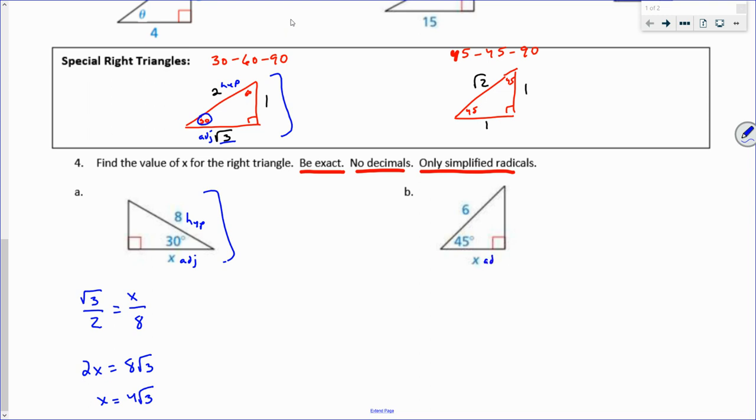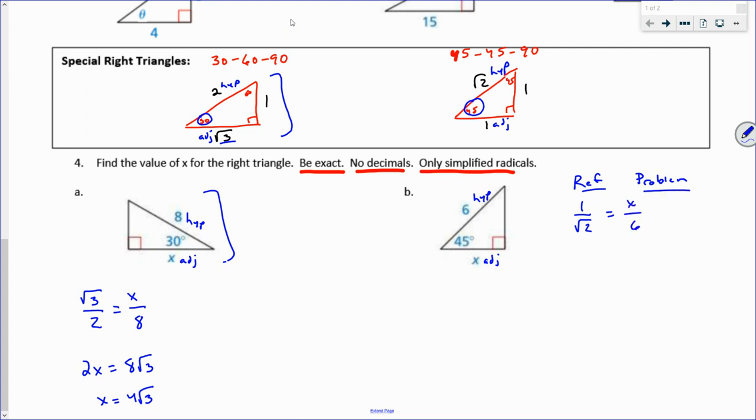So if this is adjacent and this is hypotenuse, then we're over here looking at a 45 and we go adjacent, hypotenuse. On the reference triangle that I have above in the notes, cosine of 45 would say 1 over root 2. And then in our problem, the adjacent over the hypotenuse is x over 6.